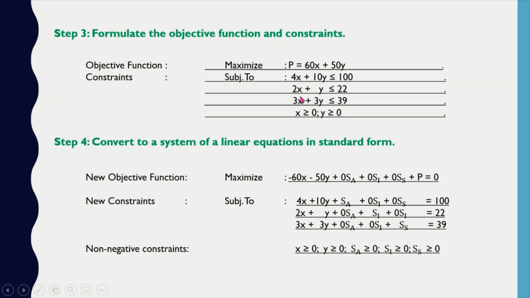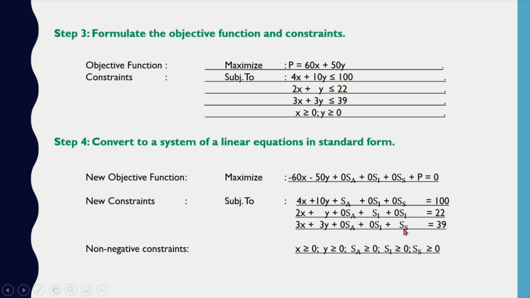So that means we're going to have three slack variables, one for each constraint. For assembly, that is assigned for assembly. For inspection, that is assigned for inspection, and for storage space, that is assigned for storage.